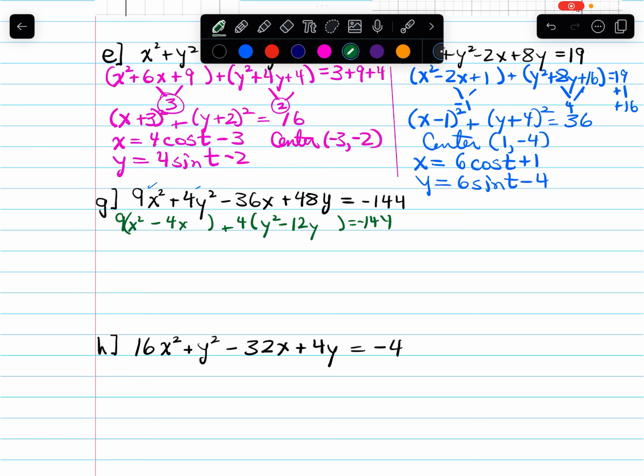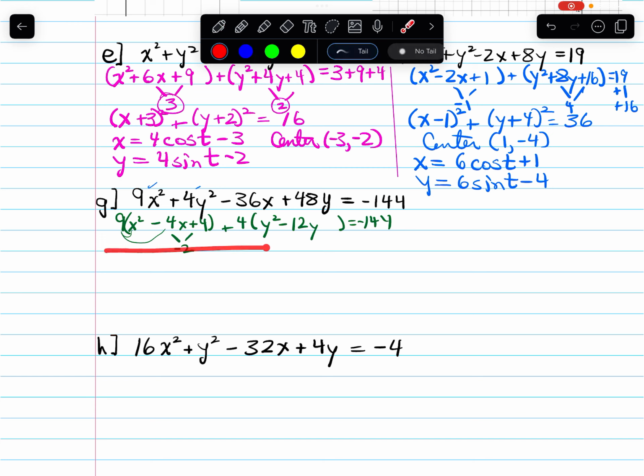Notice what I did. I factored out the 9, and I've got 9x squared minus 36x. Now, I'm going to take half of this -4, square it, and add a 4 right there.